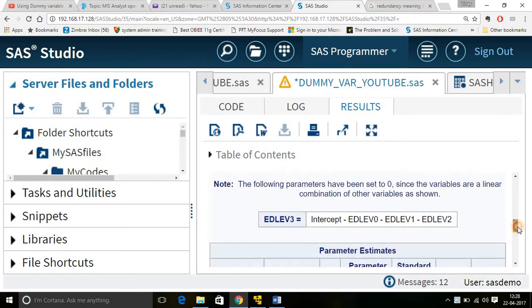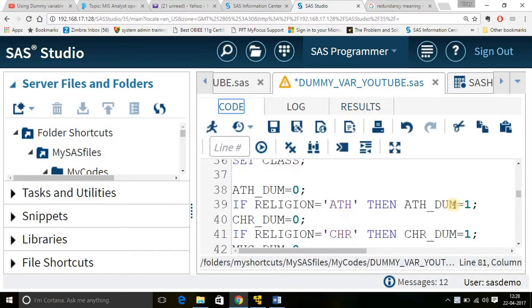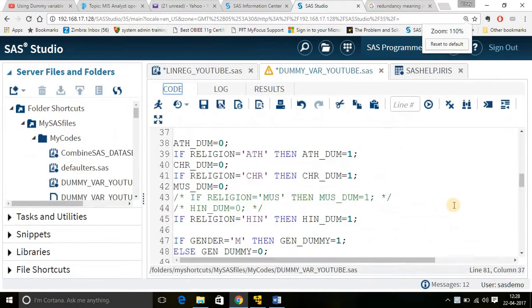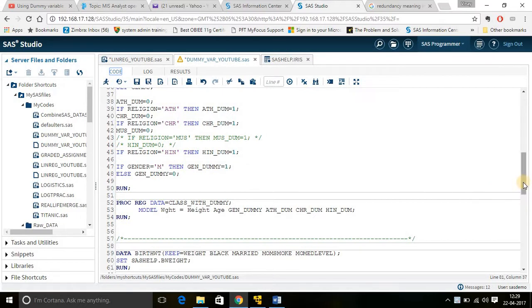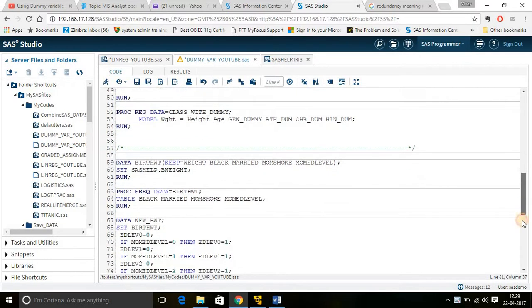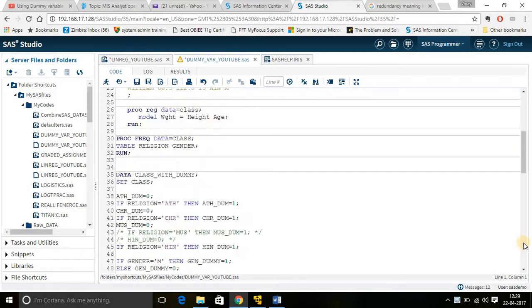Also, it will tell us what is wrong with the dummy variables. Education level 3 is equal to intercept minus 0, 1 and 2. So we'll have to remove it. So let's do it again. Which one do we want to remove?